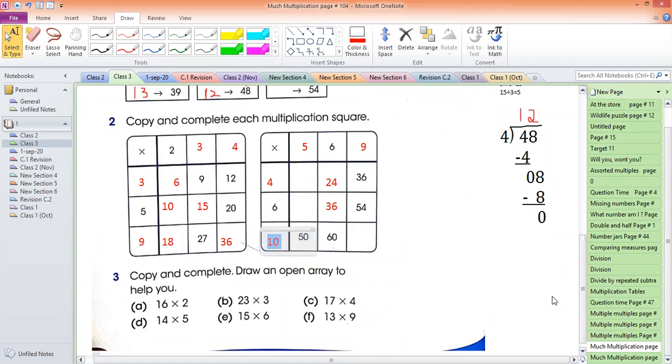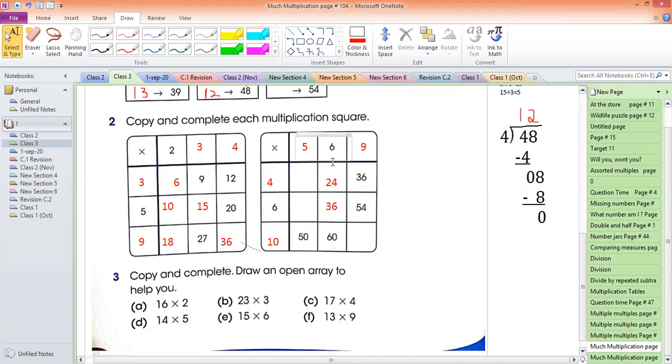10 multiplied by 5 equals to 50. Why did I write 10 here and 5 here? Because whatever the number I'm going to write here, I need to multiply this number by 6, and the answer should be 60. Even if I write 5 here and 10 here, the answer should be 50 here.